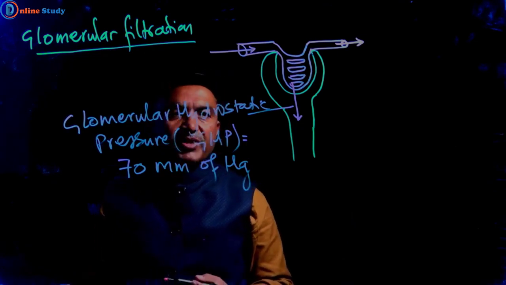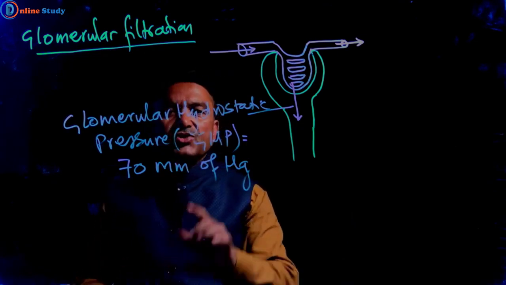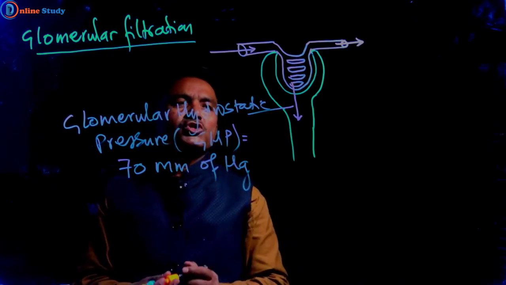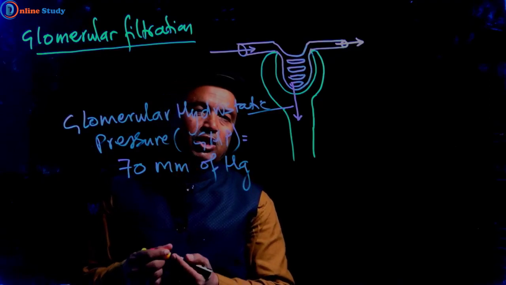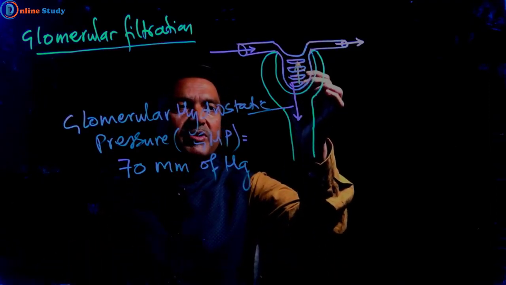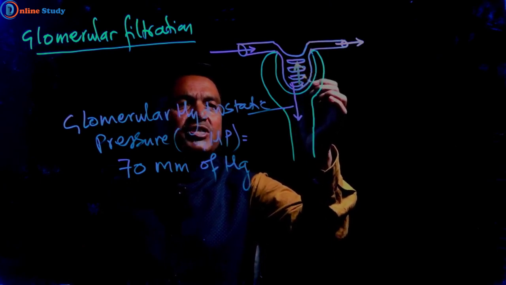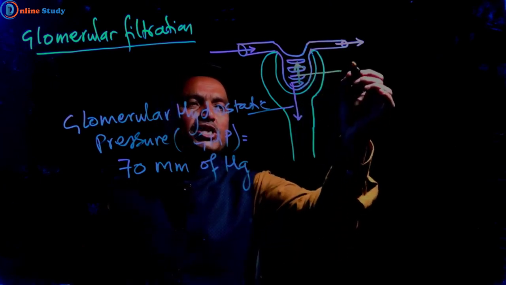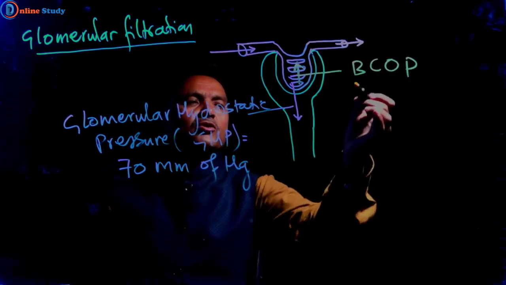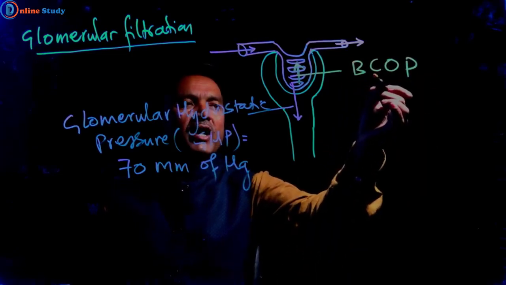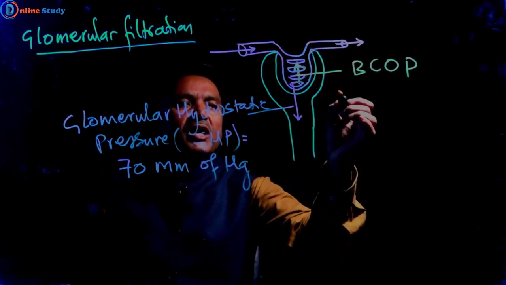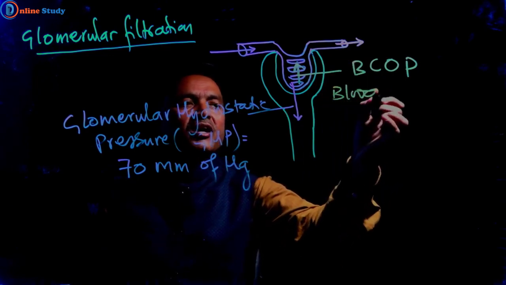Now this GHP, glomerular hydrostatic pressure, is opposed by two pressures. Here is one pressure called BCOP, blood colloidal osmotic pressure.